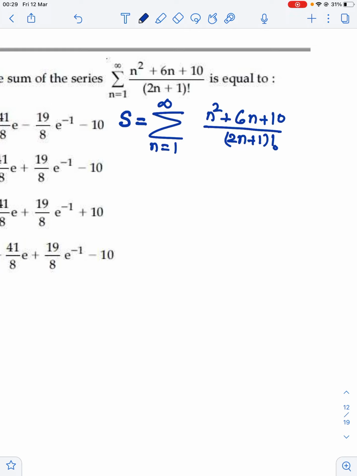In such a case, we always try to reduce the factorial if possible. So factorial in denominator is 2n plus 1. So we can convert the numerator also in terms of 2n plus 1.